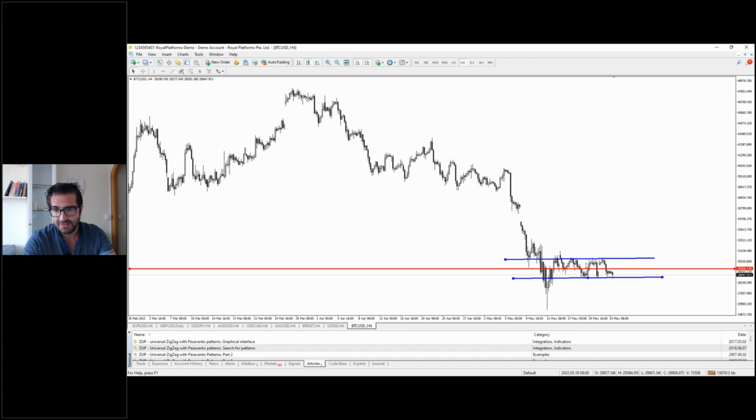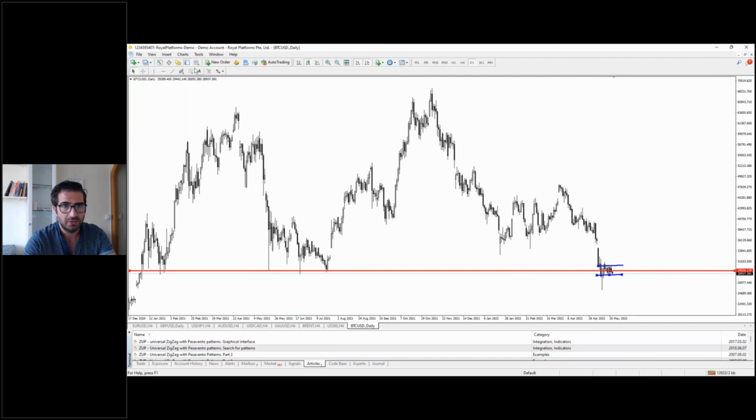The market is trading inside this small range. So for now, in case we have a breakout to the upside above those swing highs, maybe we see the BTC moving to the upside, but it's too early. If this happens, we could see the BTC reaching this swing low here, which is 32,800.